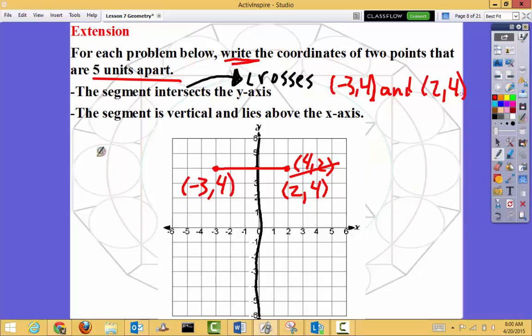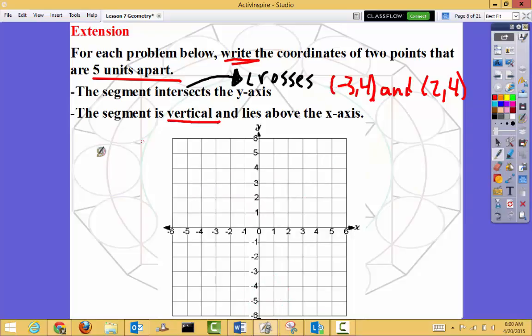Okay, let's continue. Here's our next one. The segment is vertical and lies above the x-axis. So it's vertical, meaning up and down, and it's above the x-axis. So it's going to be above this line right here. So let's pick, if I pick this dot, can I go above 1, 2, 3, 4, 5?